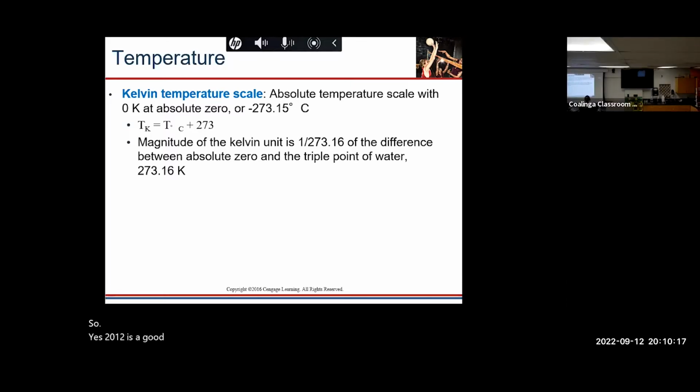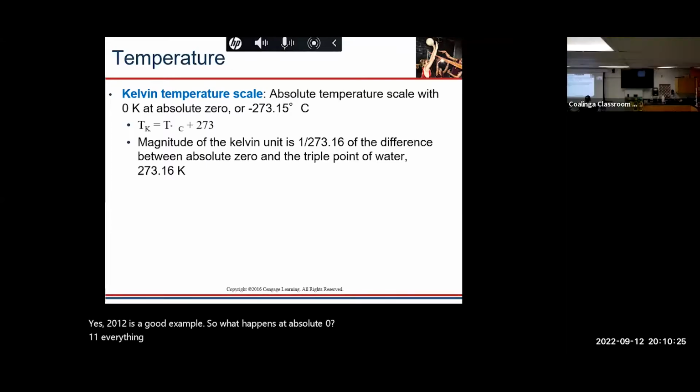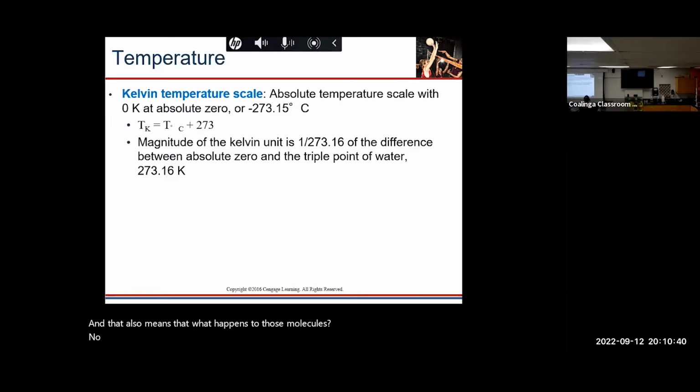So what happens at absolute zero? A blizzard? Everything would freeze. That's true. And that also means, what happens to those molecules? They shrink, they condense. No, it's not that they shrink or condense.